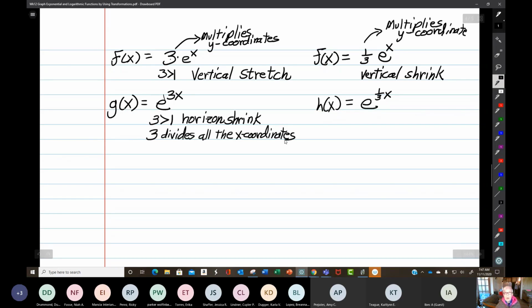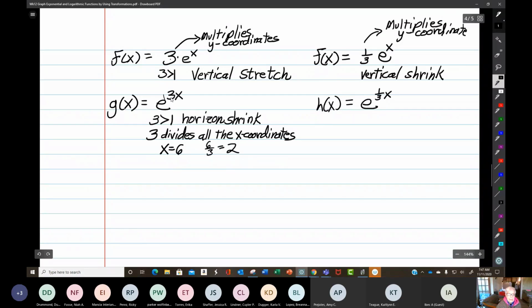Okay, so suppose x equals 6. If 6 divides 3, you'll have 6 over 3, which is 2.